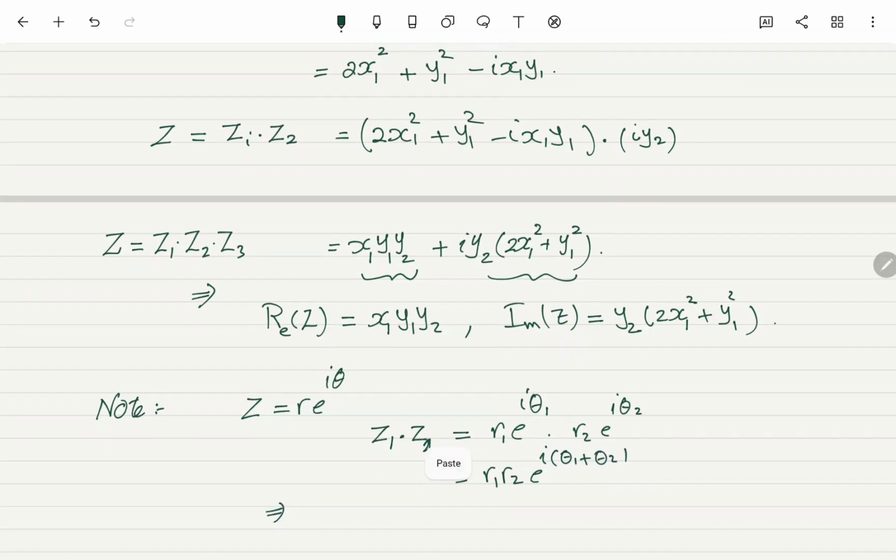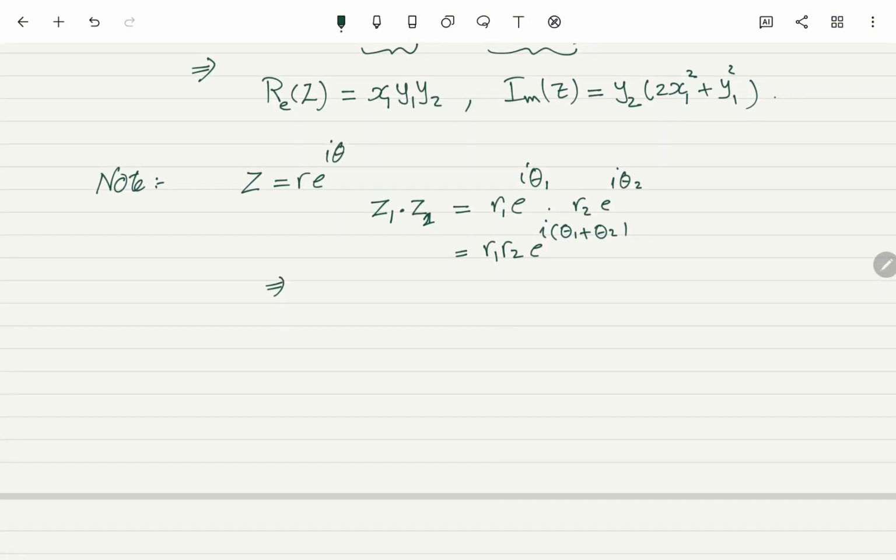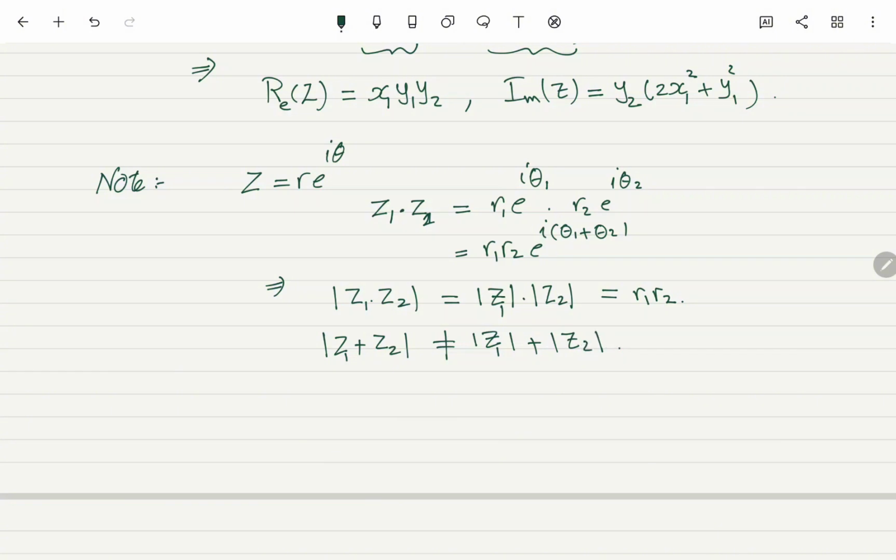Therefore, the magnitude of z1 times z2 equals the magnitude of z1 times the magnitude of z2, which is equal to r1 r2. Unlike the addition, the magnitude of z1 plus z2 is not equal to the magnitude of z1 plus the magnitude of z2. In multiplication, the situation is quite different.